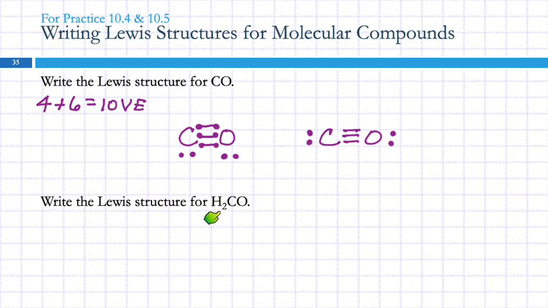Write the Lewis structure for H2CO. Well, this one's a little more complicated because then we've got 4 atoms. The thing about hydrogen is it can only make a duet. It can only make one bond. So hydrogen will bond with one other atom.